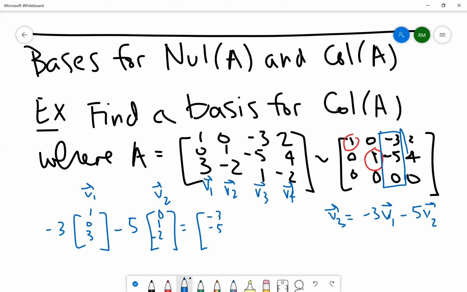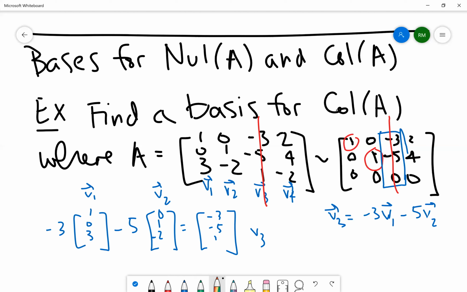Sorry, this is a -2. -9 plus 10 is 1, which is V3. So this is telling me that V3 is a linear combination of V1 and V2, so that means that we don't need it in the span.